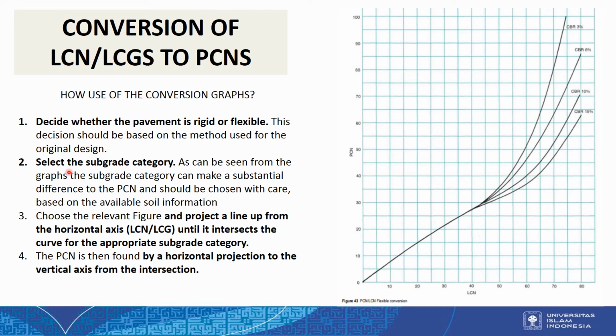For the rigid pavement, it's based on the K, and for the flexible pavement it is based on the CBR. And then project a line up from the horizontal until it intersects the curve for the appropriate subgrade category, and then project it horizontally to the vertical axis from the intersection. So this is how to use the conversion graphs.